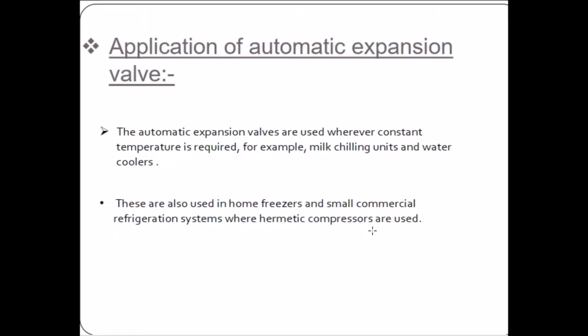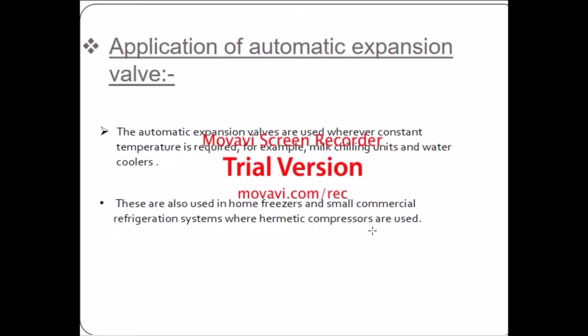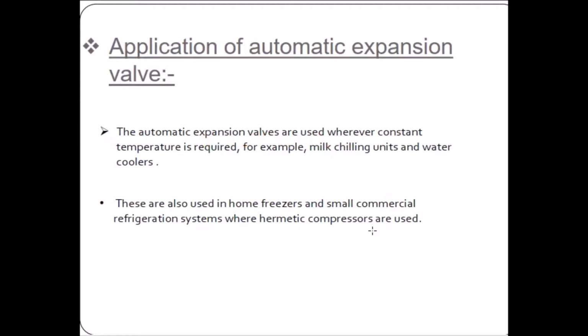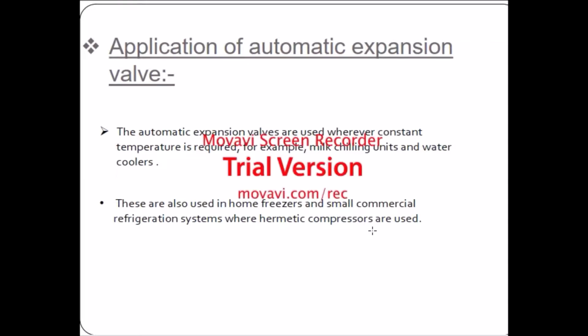Okay, we go to the application of the automatic expansion valve. Automatic expansion valves are used wherever constant temperature is required, for example, milk chilling units and water coolers, of course, because we control the temperature by controlling the pressure. So the pressure relates to the temperature, correct? If the pressure is lower, it will reduce the temperature.